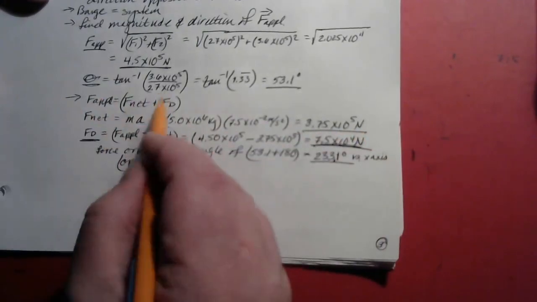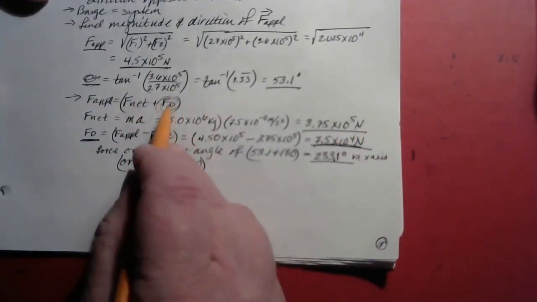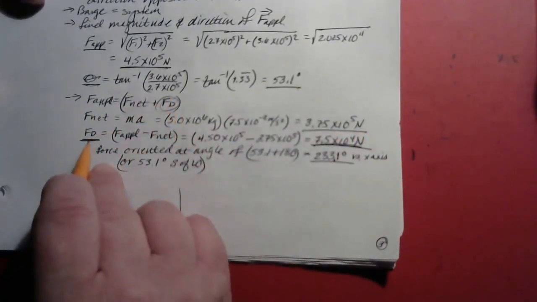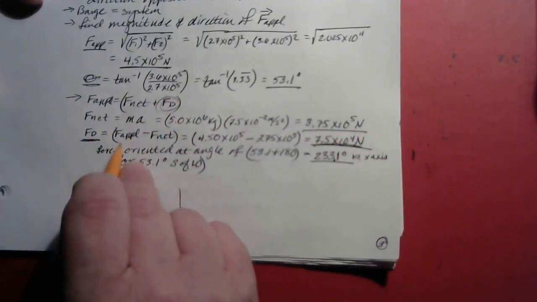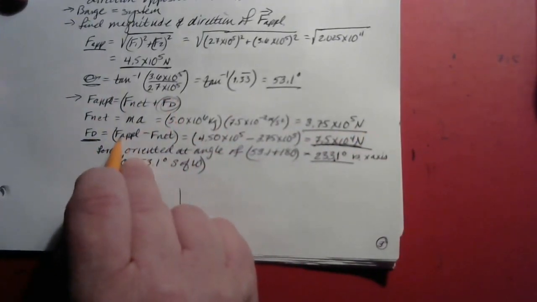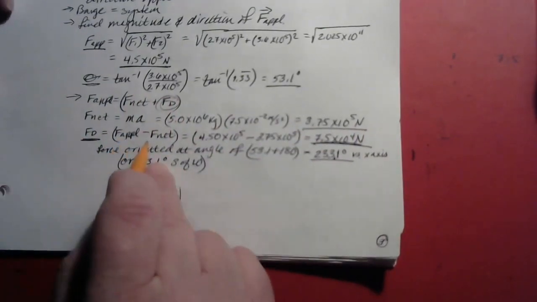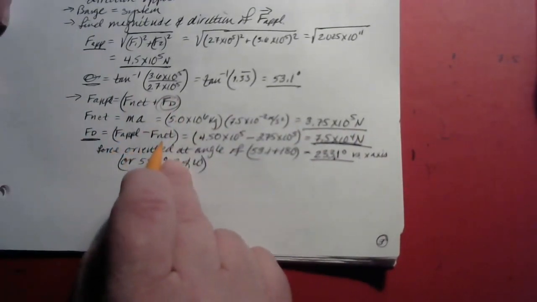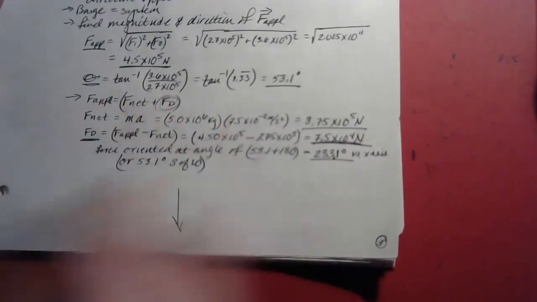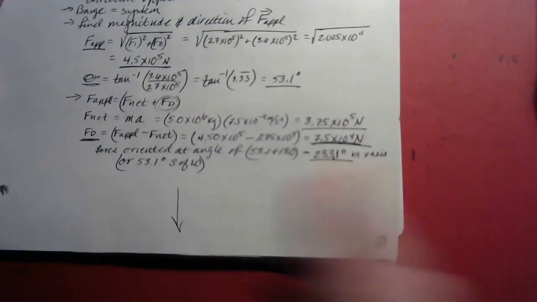And so rearranging this equation to solve for FD, that is the force of the drag, is equal to the applied force, that is the force that the tugboats actually apply, minus F net, that is the force that actually manifests itself in acceleration.